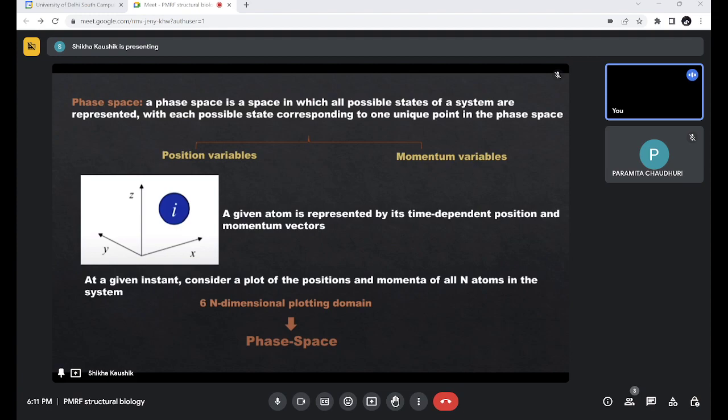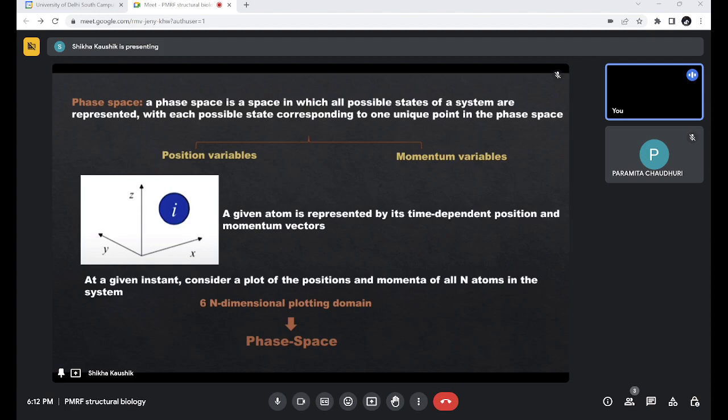So it is basically providing you the 3D aspect of a system. You either have a positional variable, something present in terms of position, or something present in terms of movement. So there is a position variable and a momentum variable.